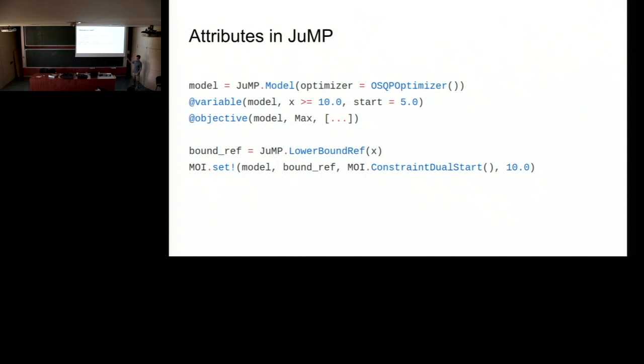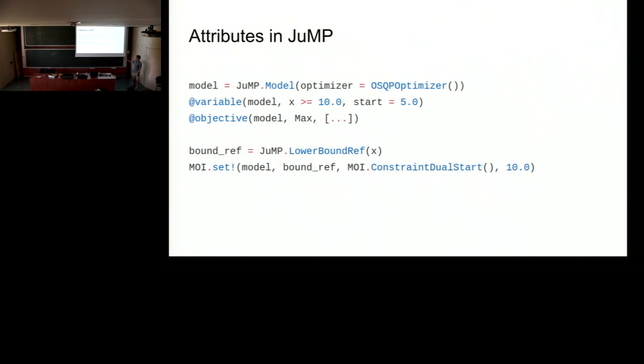So once you've added a variable with a bound, you can then ask the JuMP model for the reference to that constraint that represents the bound on the variable. And then once you've pulled out that reference, you can set MOI properties on it. A little tricky here, we're overloading the API. This is a JuMP reference, not a MOI index.